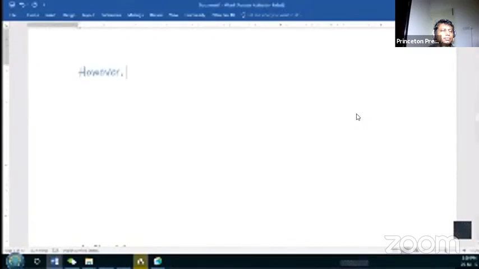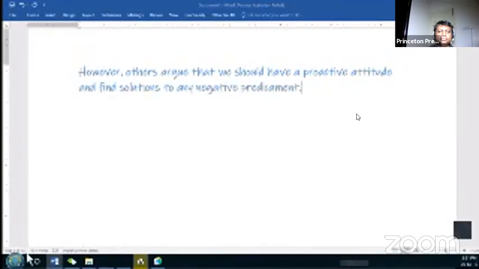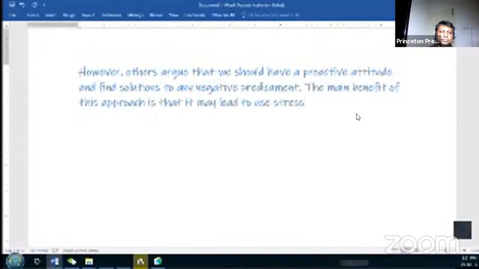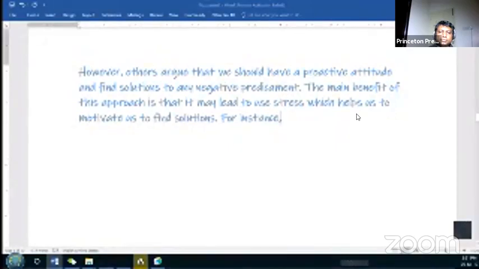However, others argue that we should have a proactive attitude and find solutions to any negative predicament. Okay, so now I've indicated to the reader that I've switched to the other side of the argument.